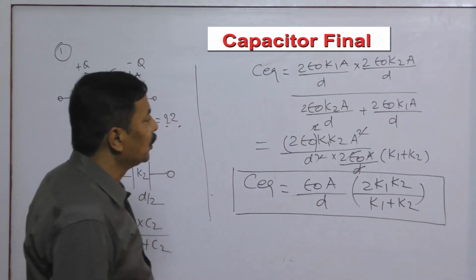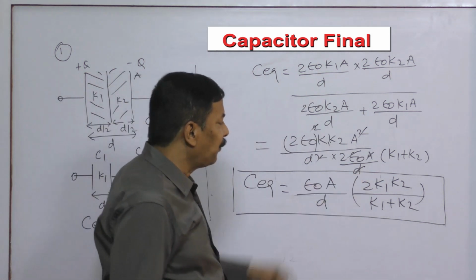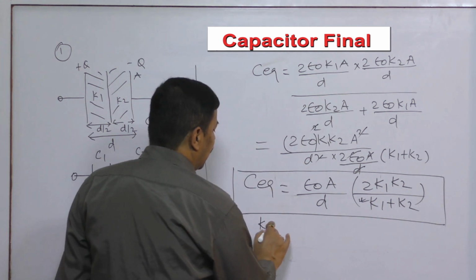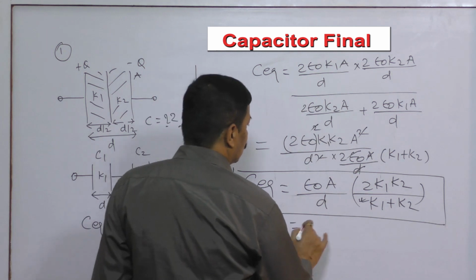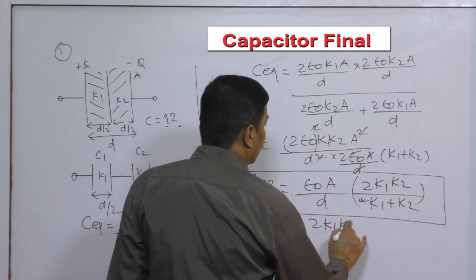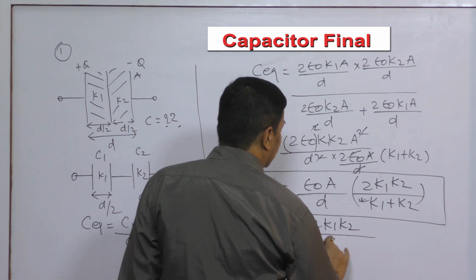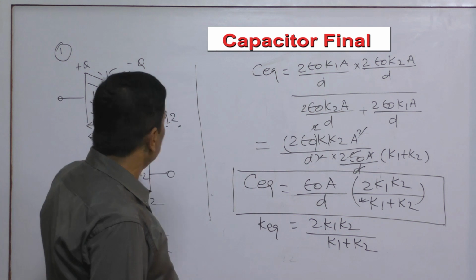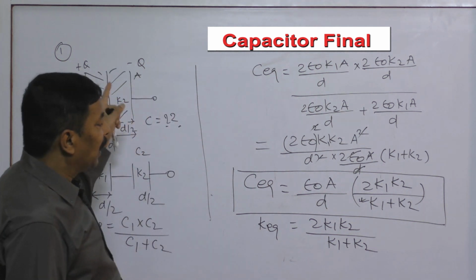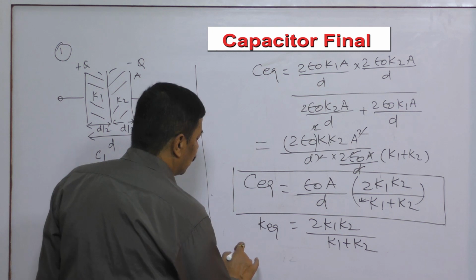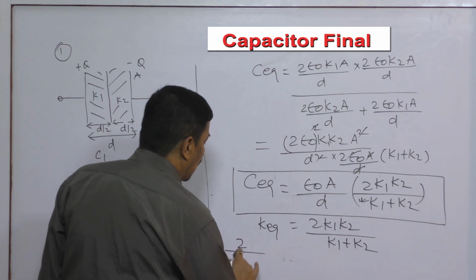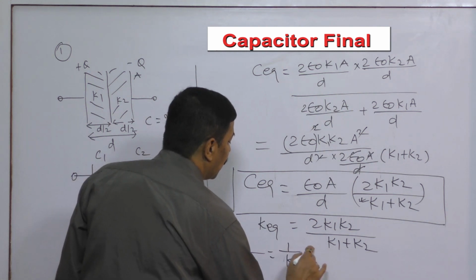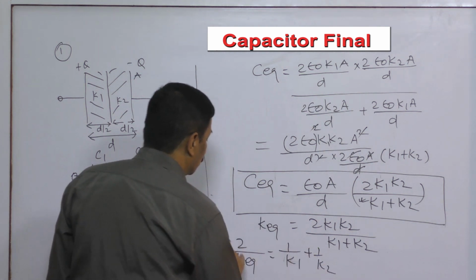And this factor is basically K equivalent, that is equal to 2 K1 K2 by K1 plus K2. We can write in this way. If there are two dielectrics, then we can write that 2 by K equivalent is equal to 1 by K1 plus 1 by K2.